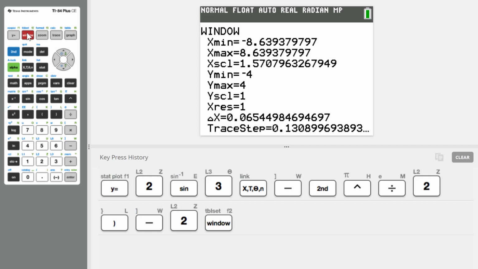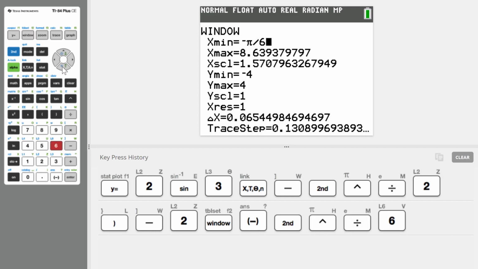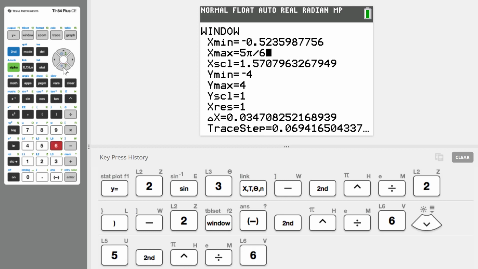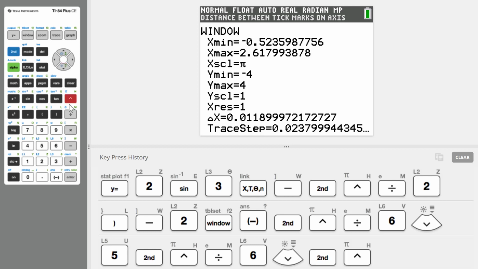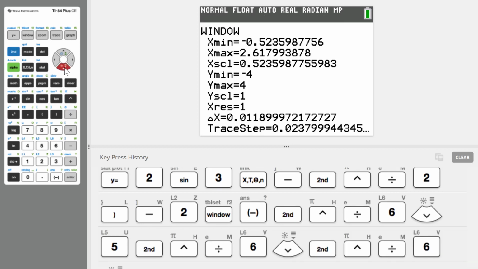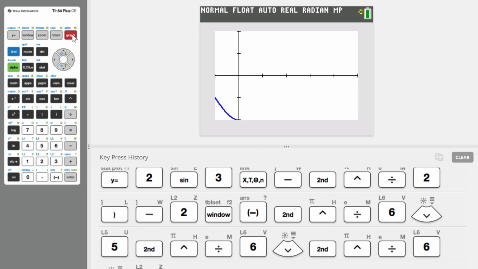I think our x values went from about negative pi over 6 up to positive 5 pi over 6, counting by pi over 6's. And then on the y, negative 4 to 4 looks about right, and counting by 2's I think we did. And I'll hit graph, and I should be seeing basically what we saw on the paper.